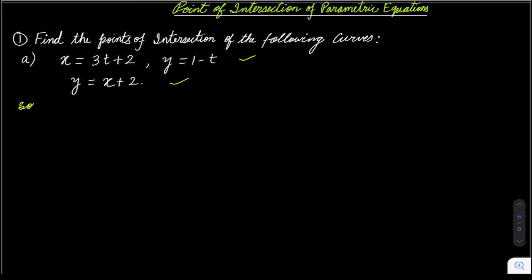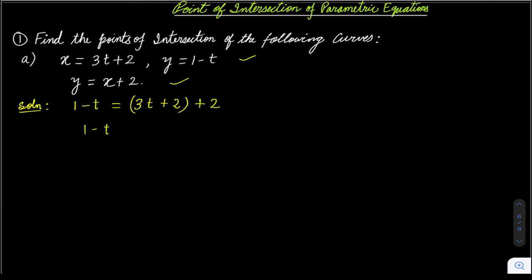If I want to solve this, I will substitute the values of x and y. y is 1 minus t and x is 3t plus 2. This is x plus 2. Let's solve this.